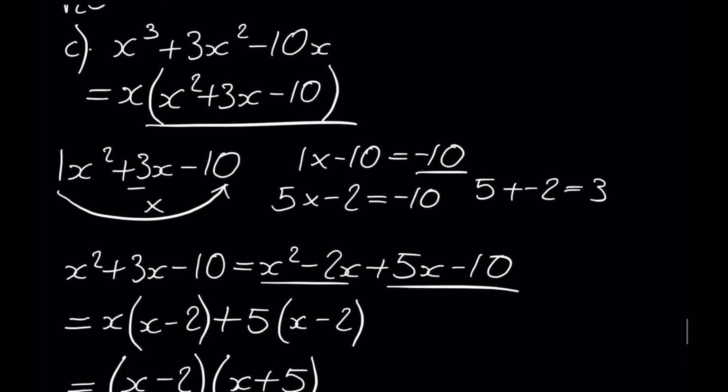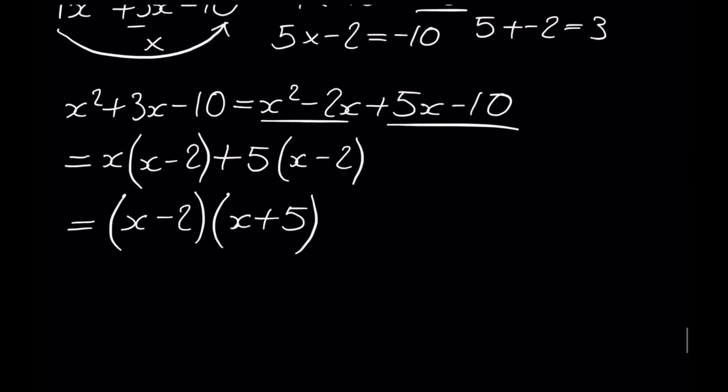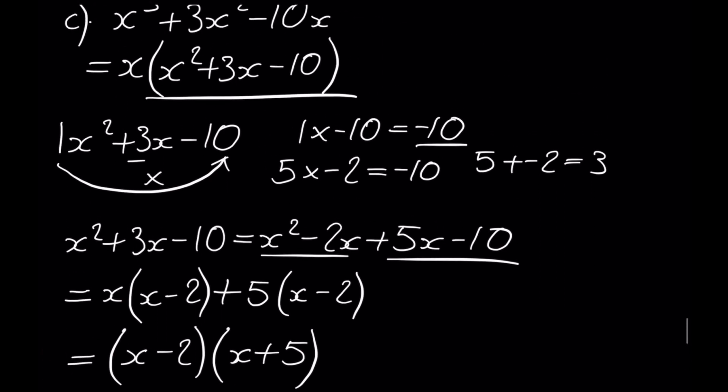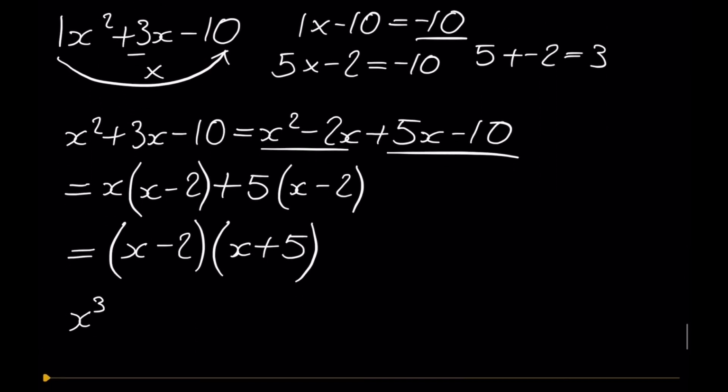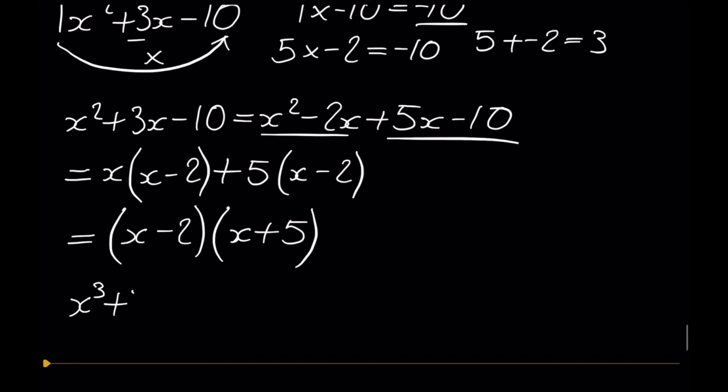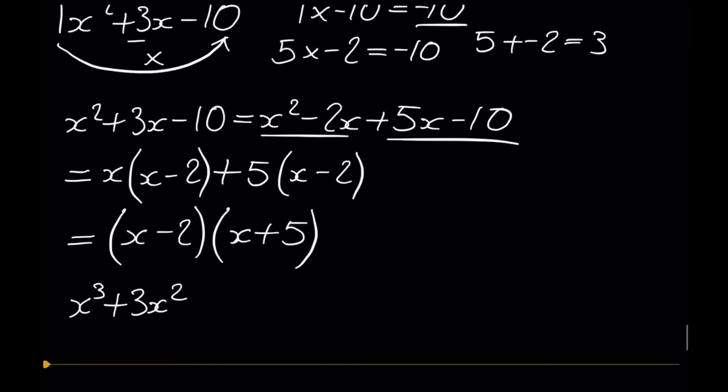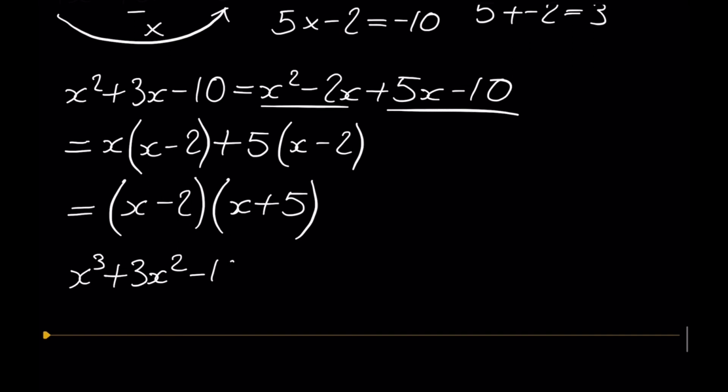So the final answer will be x cubed plus 3x squared minus 10x is equal to x times x minus 2 times x plus 5.